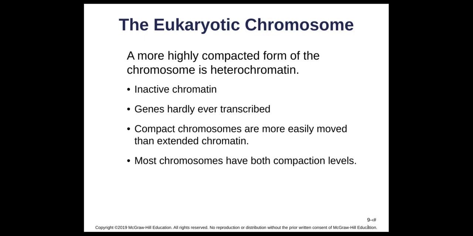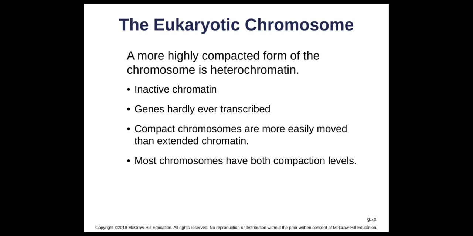The more highly compacted form of chromosome is called heterochromatin. This is not used by ribosome, so it's inactive. These genes don't usually get transcribed to do anything.